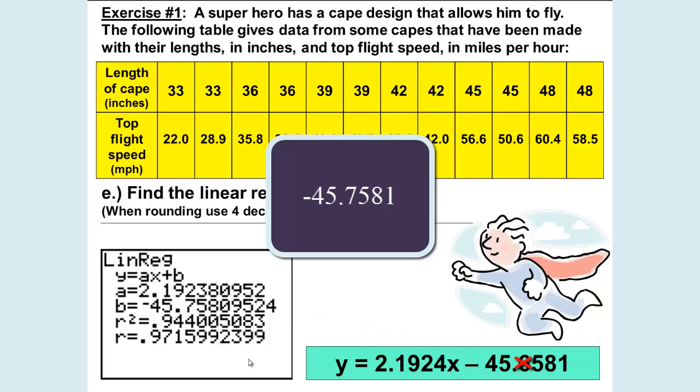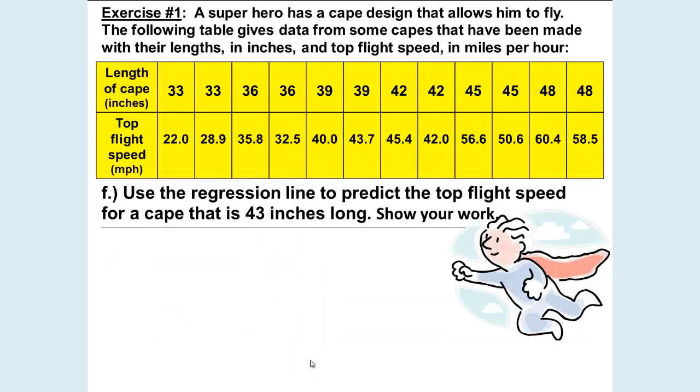Well, that should be 7581, not 6581. I found a mistake here. Life happens, but that should be 7581. And our equation then is y equals 2.1924x minus 45.7581.